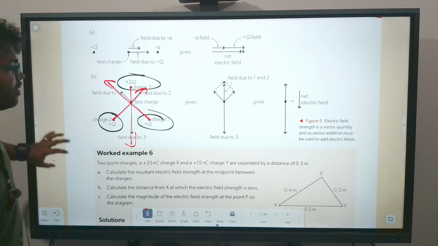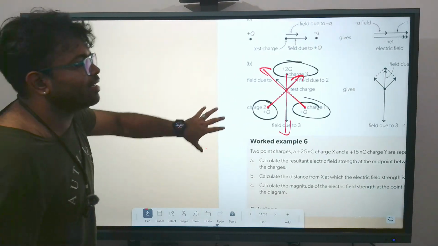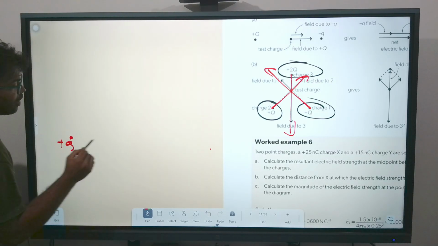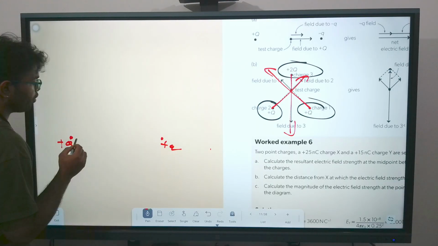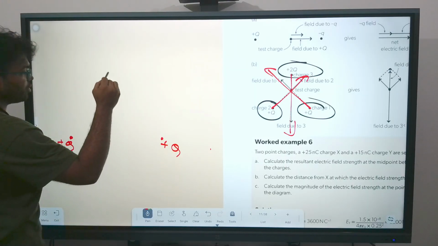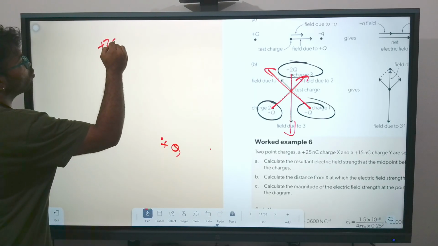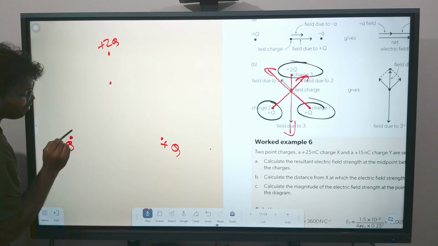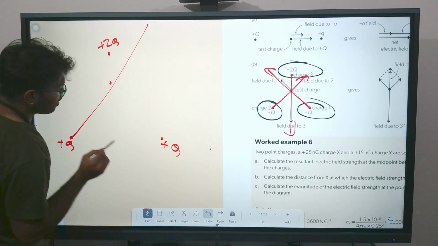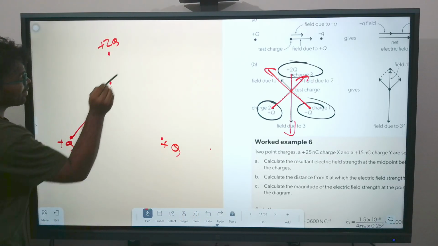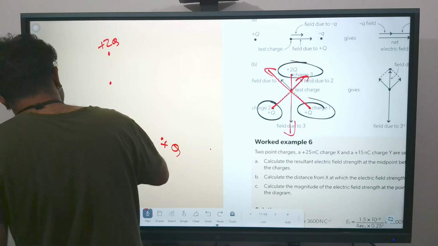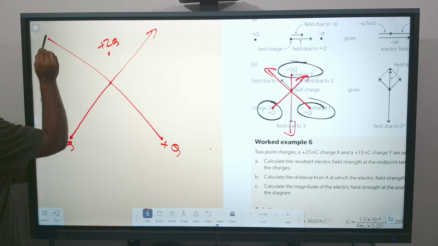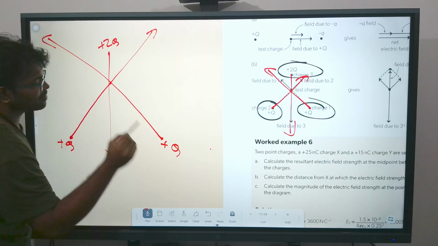Now, Akshay, I will try to explain this to you by resolving these vectors in the horizontal and vertical direction. So you have a plus q charge here, you have a plus q charge here, sorry, plus capital Q charge here, and you have a plus 2q charge here. And this is the point of the test charge. So basically, we are getting a line like this, a line like this, and a line like this.